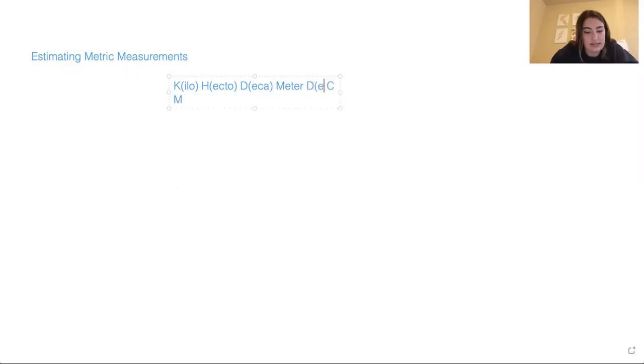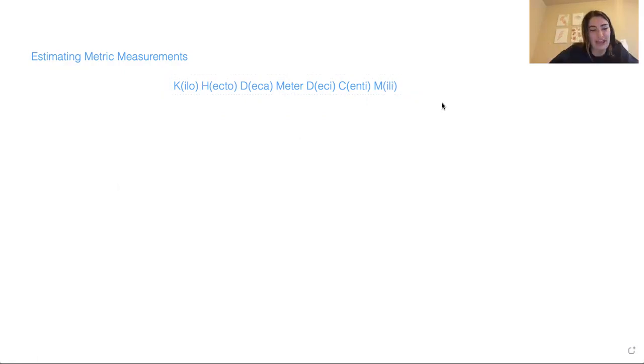And then this is deci, centi, and then milli. Those are the prefixes, except meter is not a prefix. So this one's kilometer, hectometer, decameter, meter, decimeter, centimeter, millimeter.